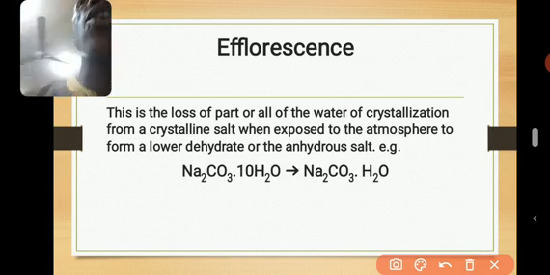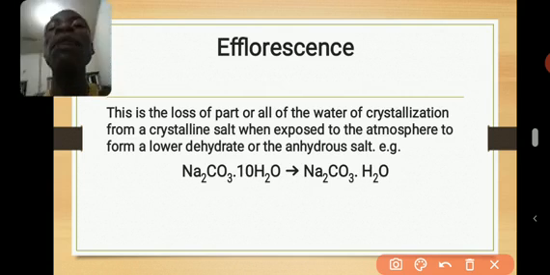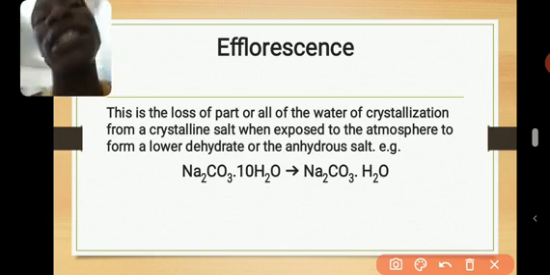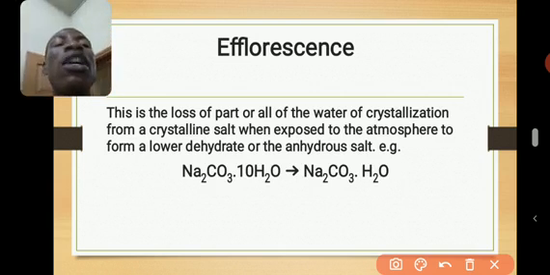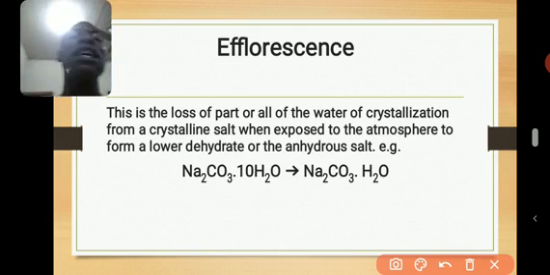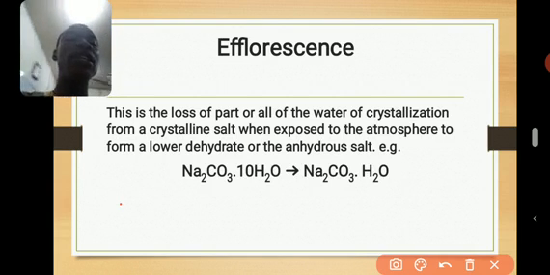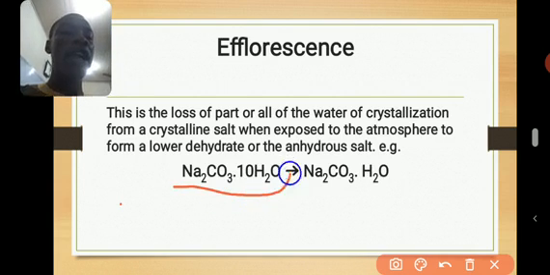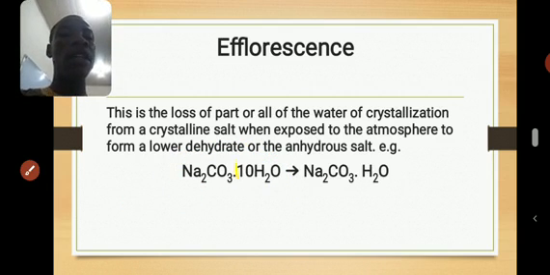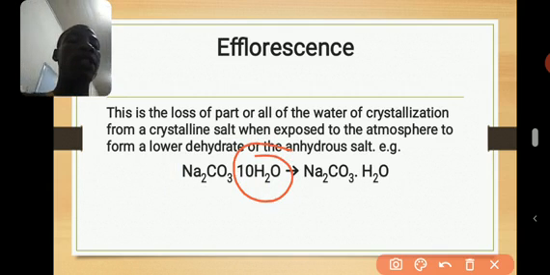So when a salt is exposed to the atmosphere and in the process it loses all or part of its water of crystallization to the atmosphere, that is called efflorescence. An example of an efflorescent salt is sodium carbonate with 10 of water. Can you see 10 of water in this compound?